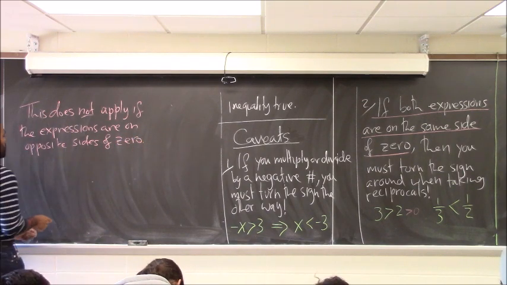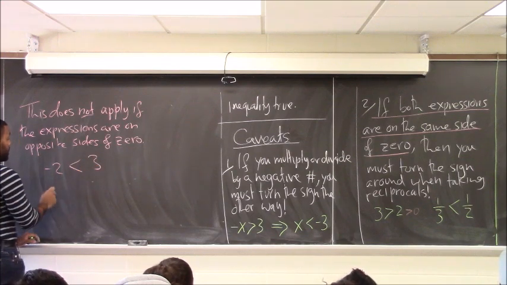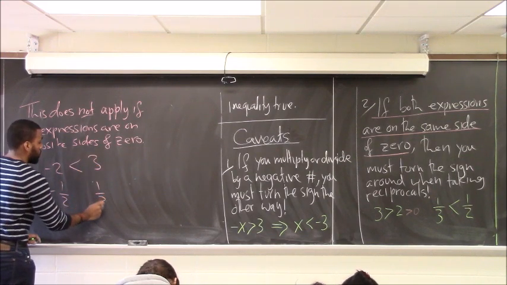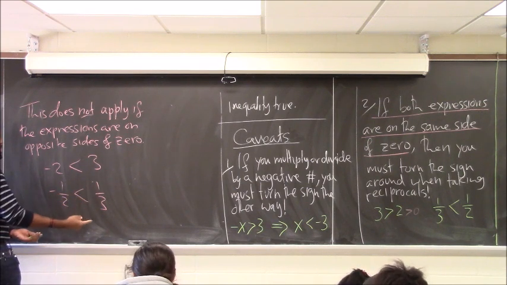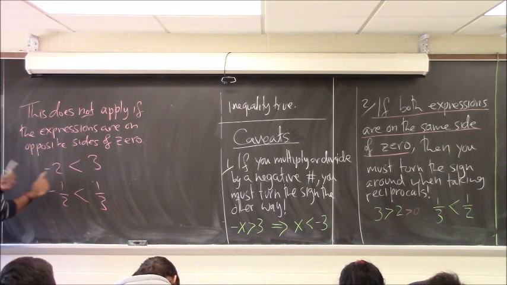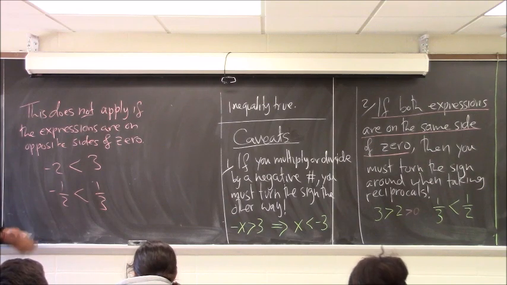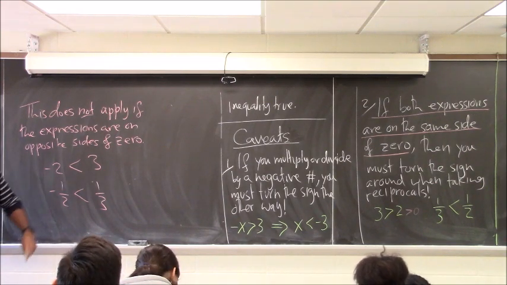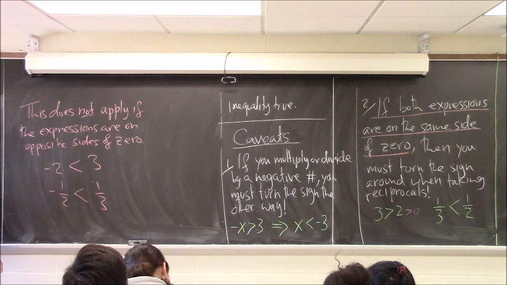If I say -2 is less than 3, then I can take reciprocals of both, but it's still that way, because the positive is always going to be bigger than any negative number. If they're on opposite sides of 0, reciprocals won't do anything. But if they're on the same side of 0, both positive or both negative, once you take a reciprocal, you have to flip the sign.